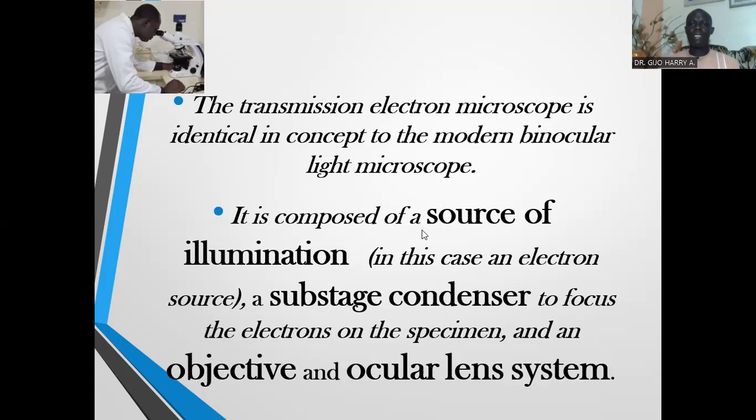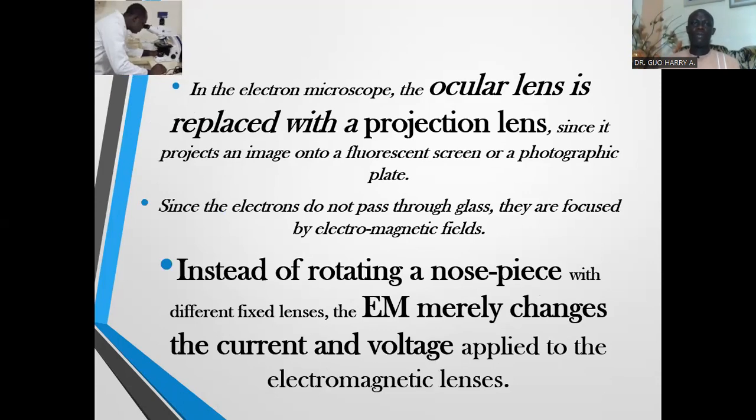In the electron microscope, the ocular lens is replaced with a projection lens, since it projects an image onto a fluorescent screen or a photographic plate.